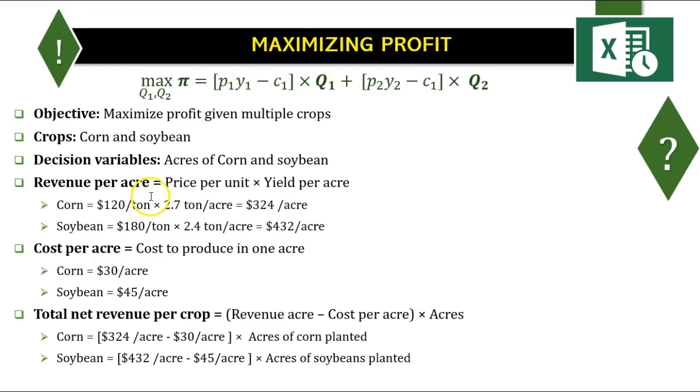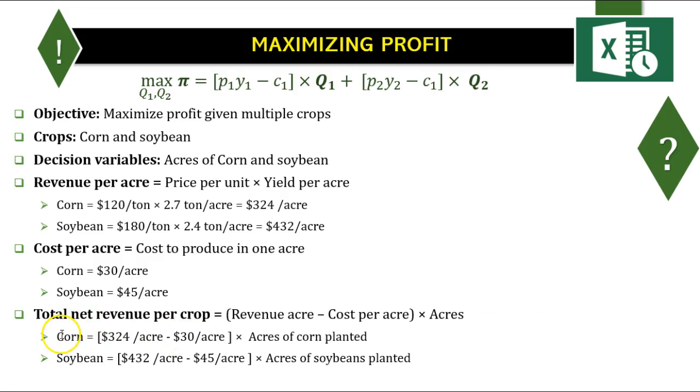Notice that here we can cancel tons and our result is in dollars per acre, which coincides with the units of the decision variable. In the case of cost, notice that it is already given in dollars per acre, therefore we do not need to proceed with any further step. Then the total net revenue is simply the revenue per acre minus the cost per acre times the number of acres.